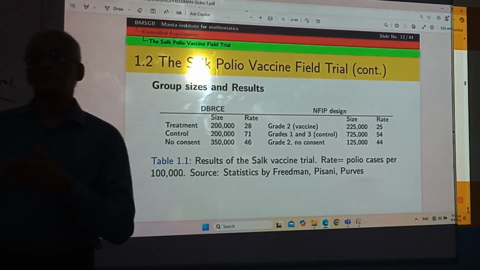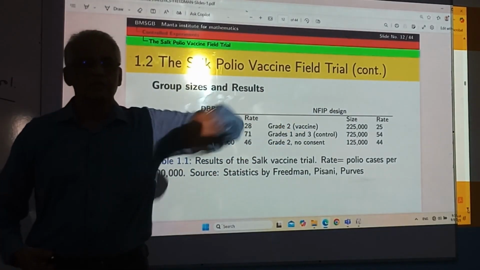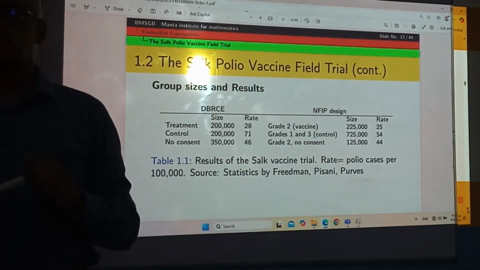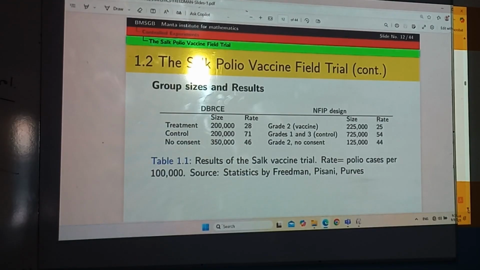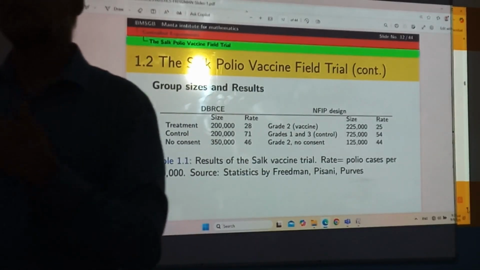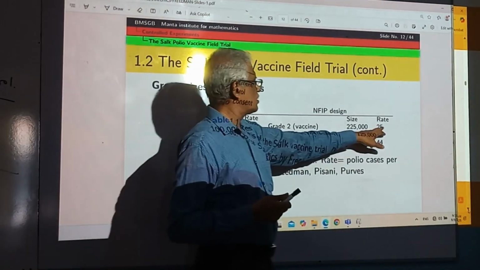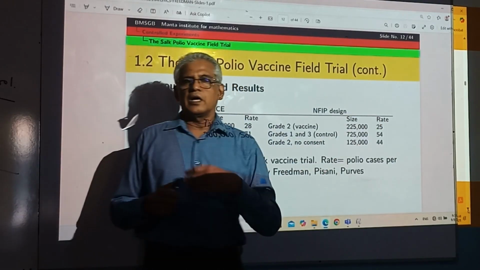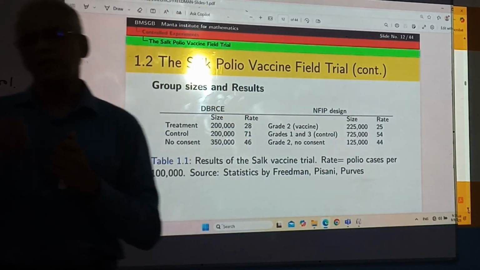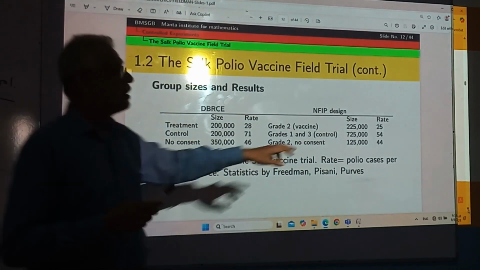It's possible that they have caused this reduction, not the treatment itself. We don't know, because there was confounding. The effects are mixed and we cannot separate them out or cancel them out. So even though this number is more than that, statistically we cannot decide that the polio vaccine was the cause for the reduction.